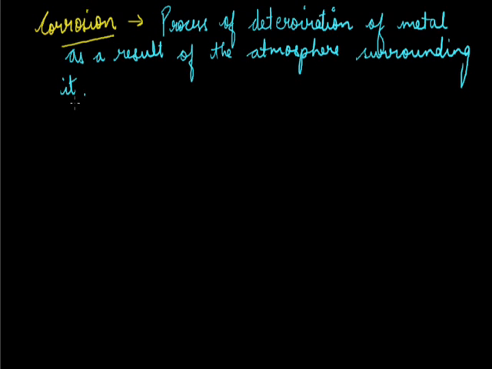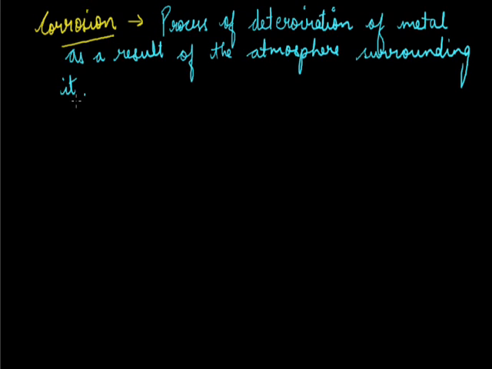Now, if we have to see some examples, we can easily see them around us. The most common example is the formation of rust on iron. When you see an iron rod, the original iron rod consisting only of iron, there is a brown flaky substance present on it.